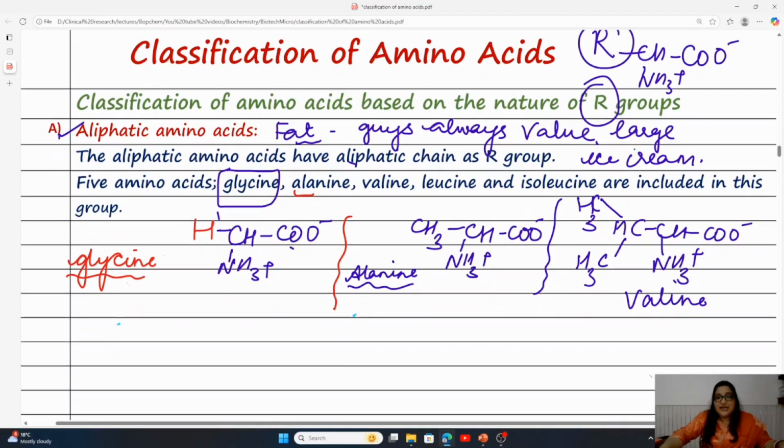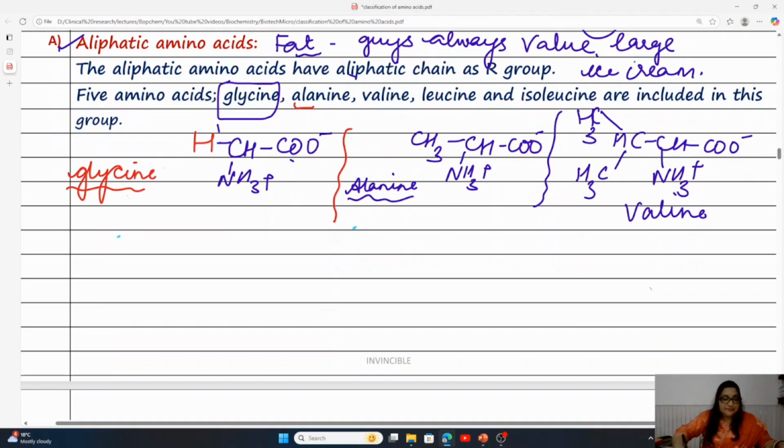And after valine, this is leucine. So again, the structure you can draw with me. See, the carboxylic group and the amino group remain the same. But for the structure after valine, now we will have to introduce one more CH3.